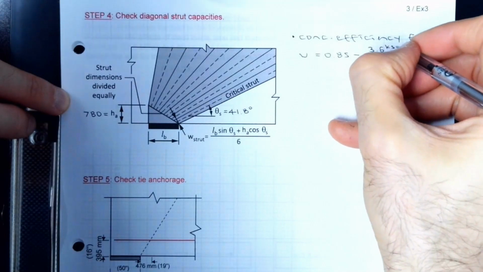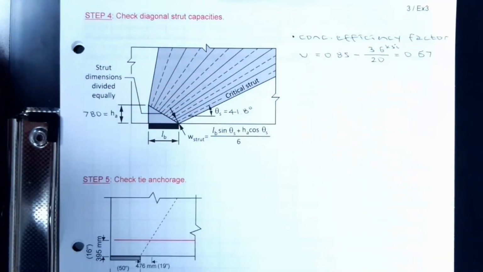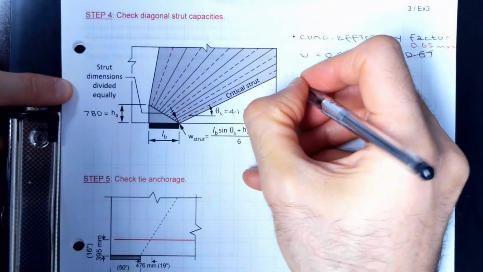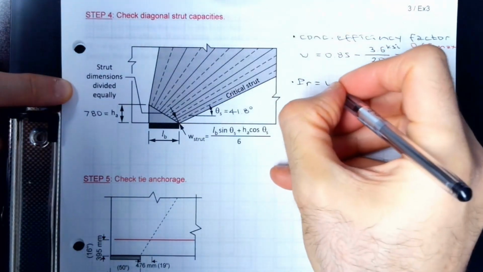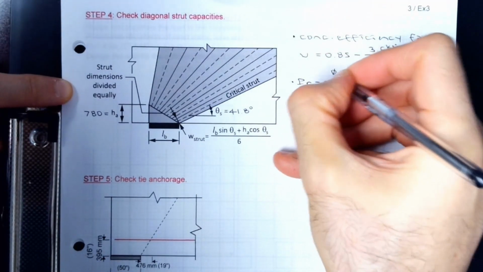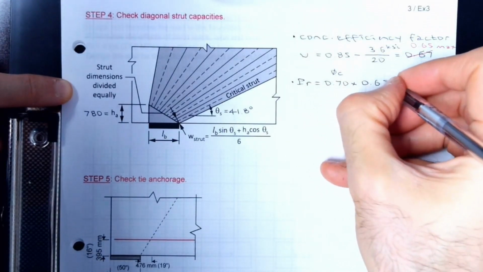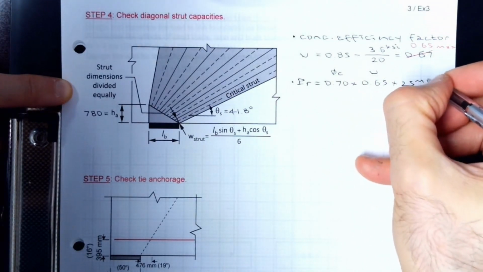This is ksi. 0.67, which exceeds the maximum, 0.65 max. So what I'm going to do is calculate PR, which is going to be 0.70, this is the concrete reduction, times 0.65. This is that. Concrete strength 25 megapascal.